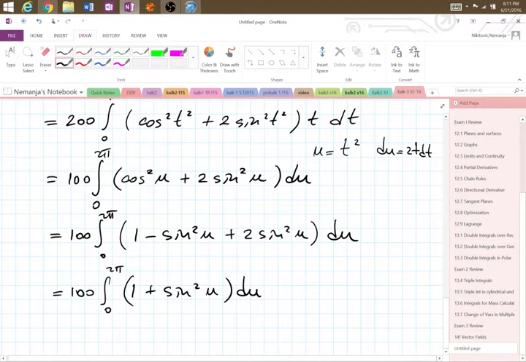du. Fair? Good. And then we only have to transform one of these now. So it's 100. Now observe that I will not be going back to t's because I transformed the limits already. So I'm just going to solve it in this state. 1 plus 1/2 minus 1/2 cosine 2u du.